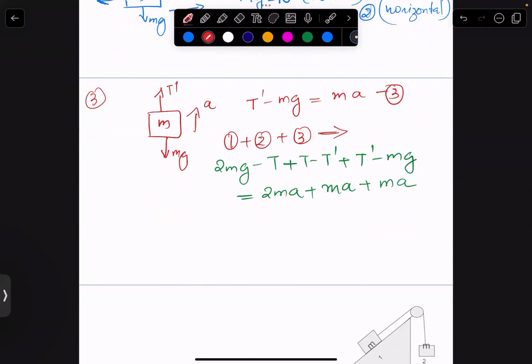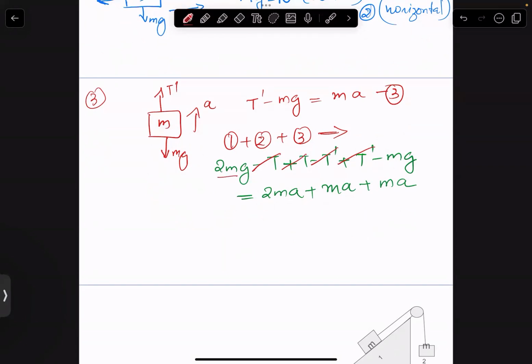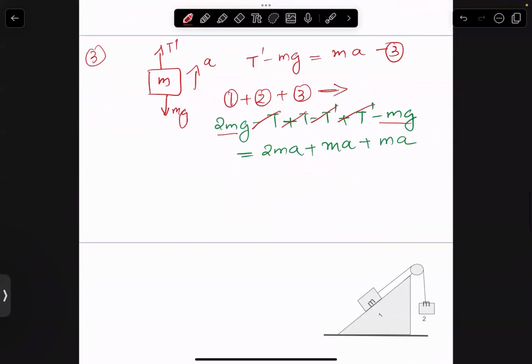Now, what all things will cancel out? This minus T and this plus T will cancel. This minus T dash and plus T dash will cancel. Now you have 2mg and mg, so 2mg minus mg is mg, equal to 2ma plus ma plus ma, so 4ma.